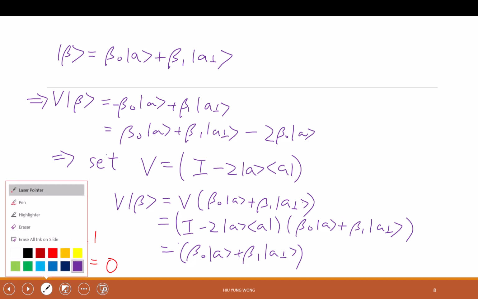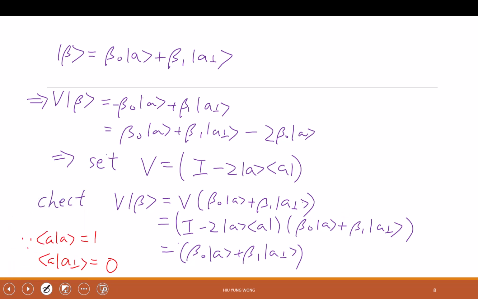Now, I still have these two: minus 2 beta 0 A outer product A, and then minus 2 beta 1 A outer product A perpendicular.